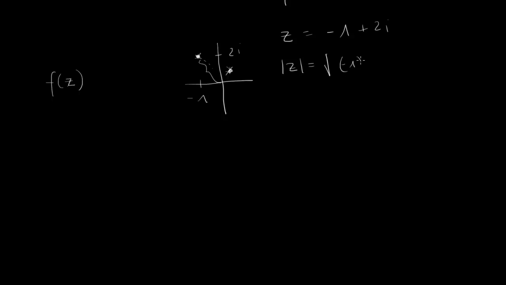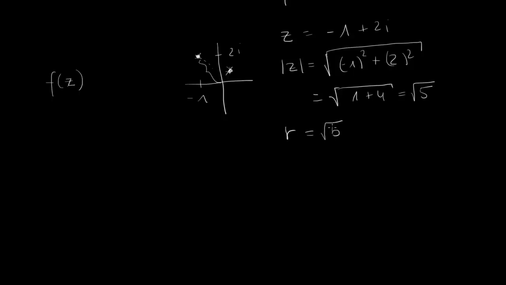So we have (-1)² + 2², and if you calculate, this is 1 + 4, so if these coordinates would be that, then the radius of convergence r is equal to √5. Okay, without anything, you don't even know what the function looks like, but you know the radius of convergence is guaranteed to be equal to √5.